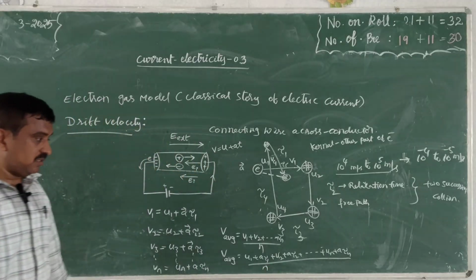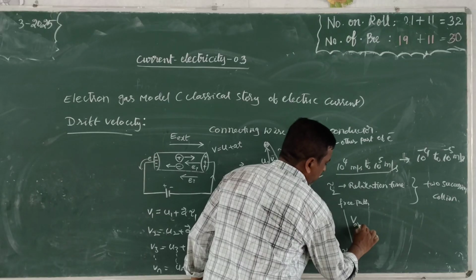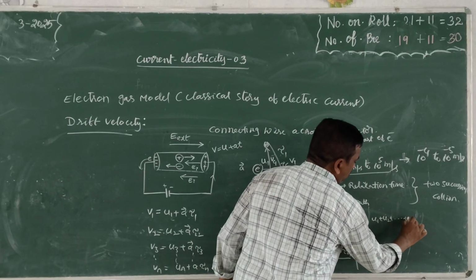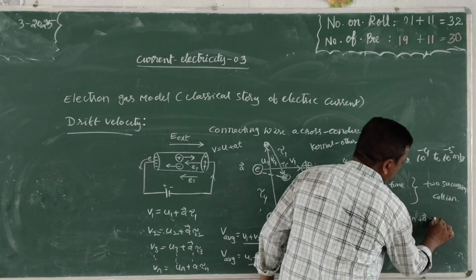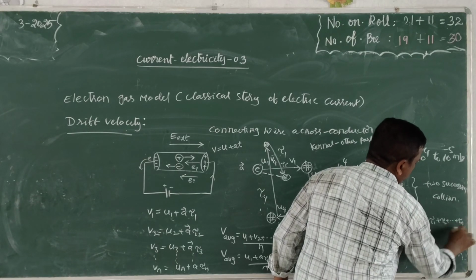It is the average. So we can separate: the initial velocity terms are common. I write v average equals u1 plus u2 plus so on un by n, plus acceleration common, tau 1 plus tau 2 plus so on tau n by n.